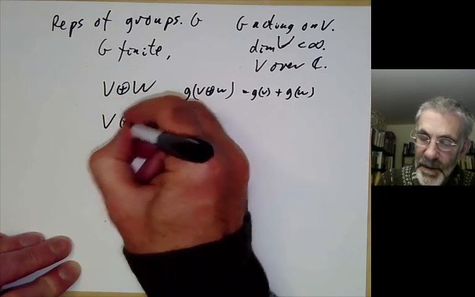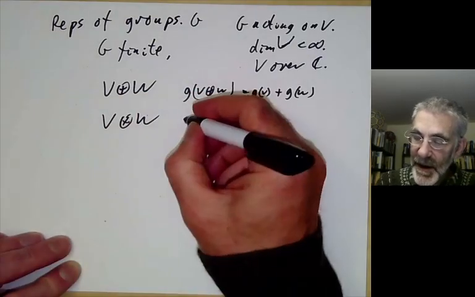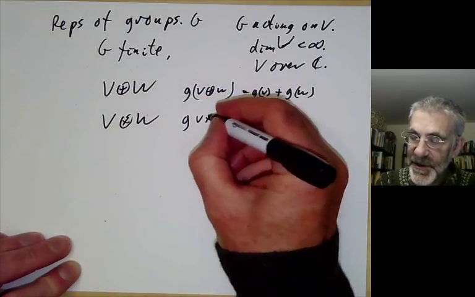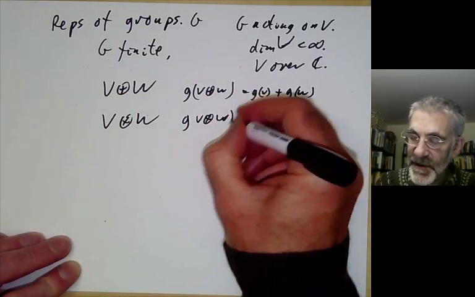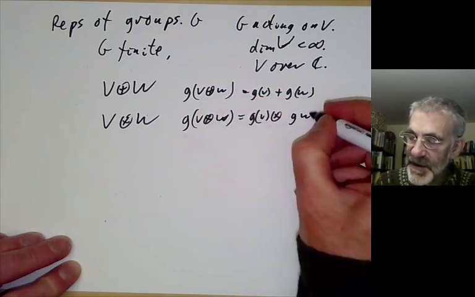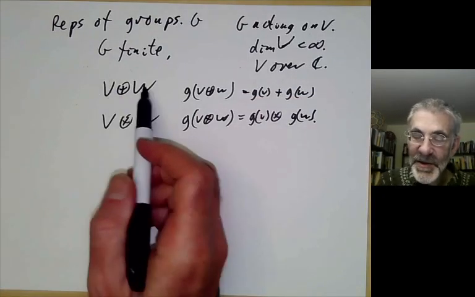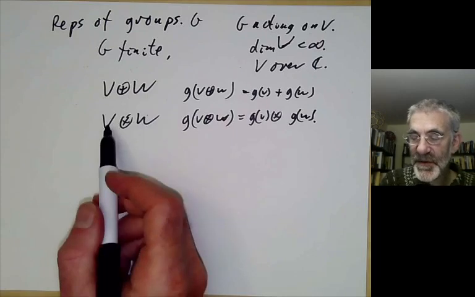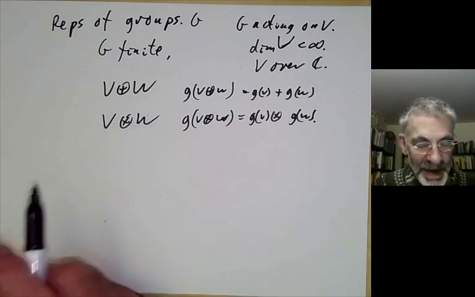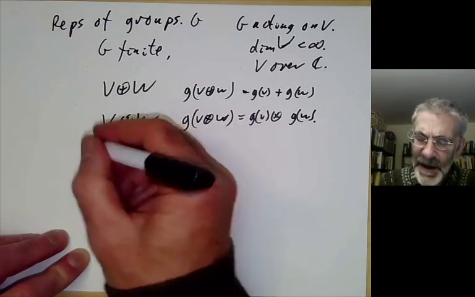And we can also define the tensor product of these two vector spaces. And it doesn't take much imagination to see that G also acts on the tensor product. We can just define it in the really obvious way like this, and this works just fine. So we can not only add two representations of G, we can also multiply two representations of G. And you notice this behaves a bit like a ring.